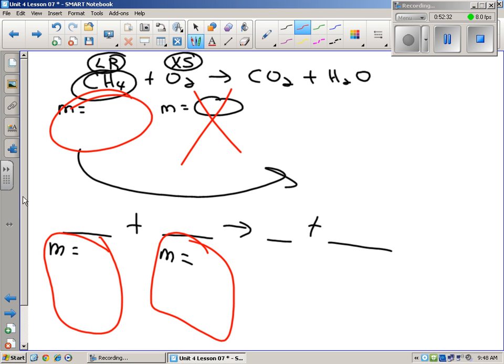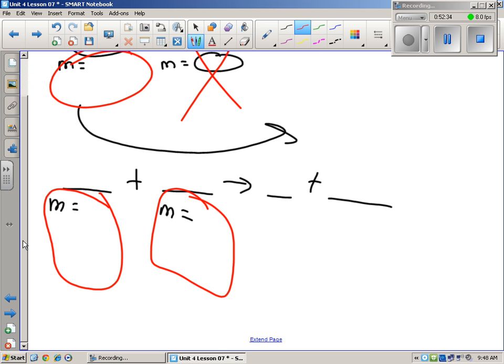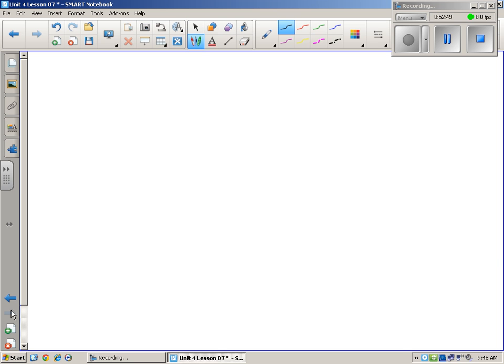So you will get both of these questions today. You will get some that look like the top one here, and you'll get some that look like the bottom one. It's important to understand what do I really need to do there, right? Listen, it's called limiting reactants, not limiting products, reactants.